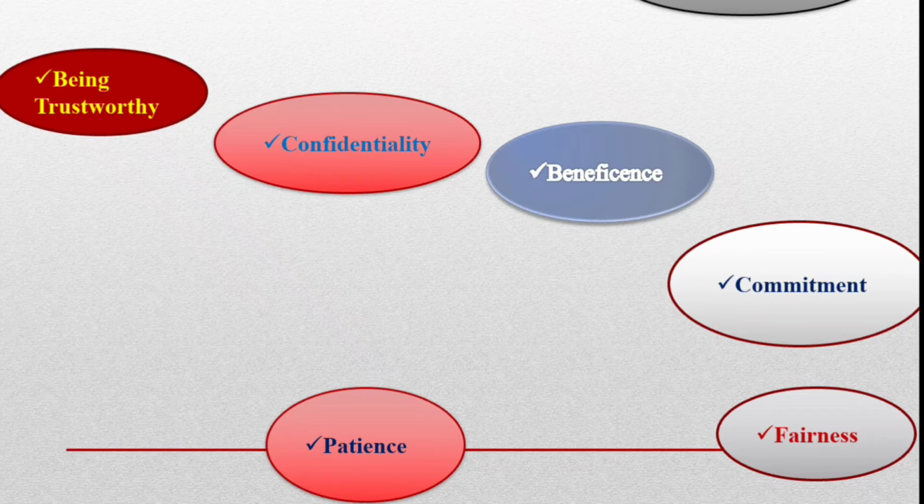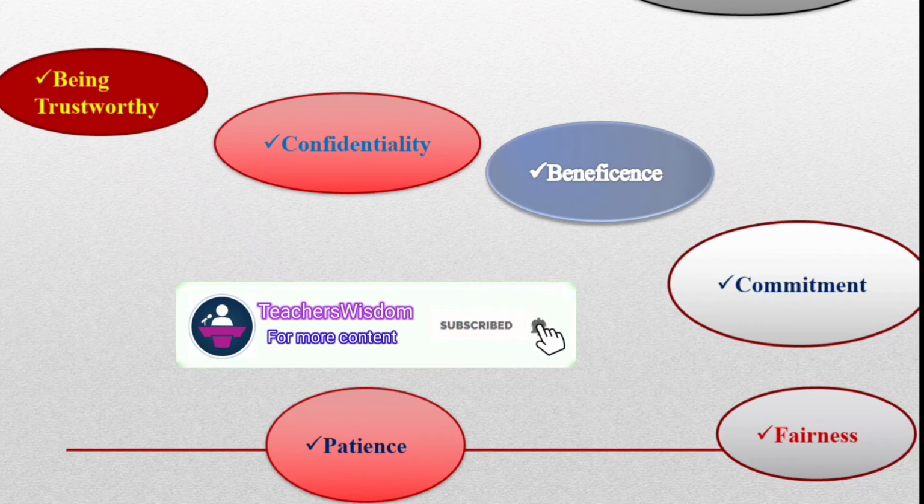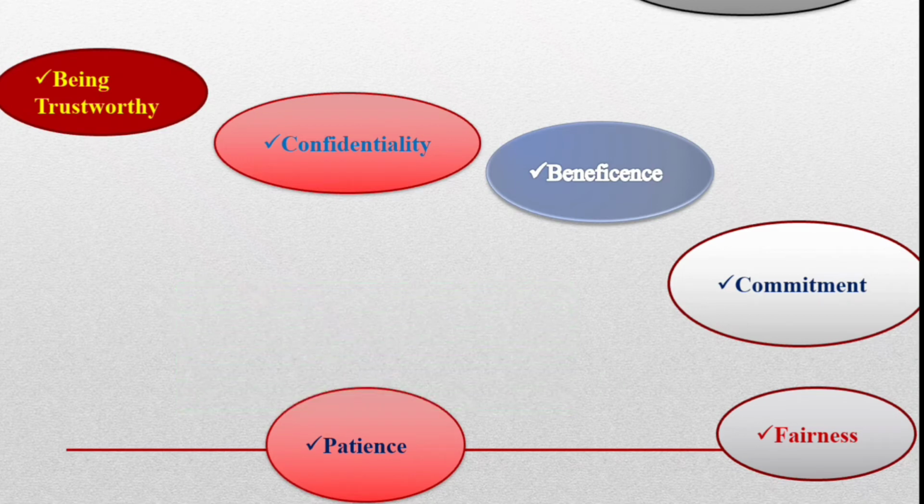So it is important that the counselor must be fair. He should not apply the same solution which was given to the previous client. Every individual's situation is different, every individual's environment is different, every individual's personality is different. So the solution must be given according to the client's personality.